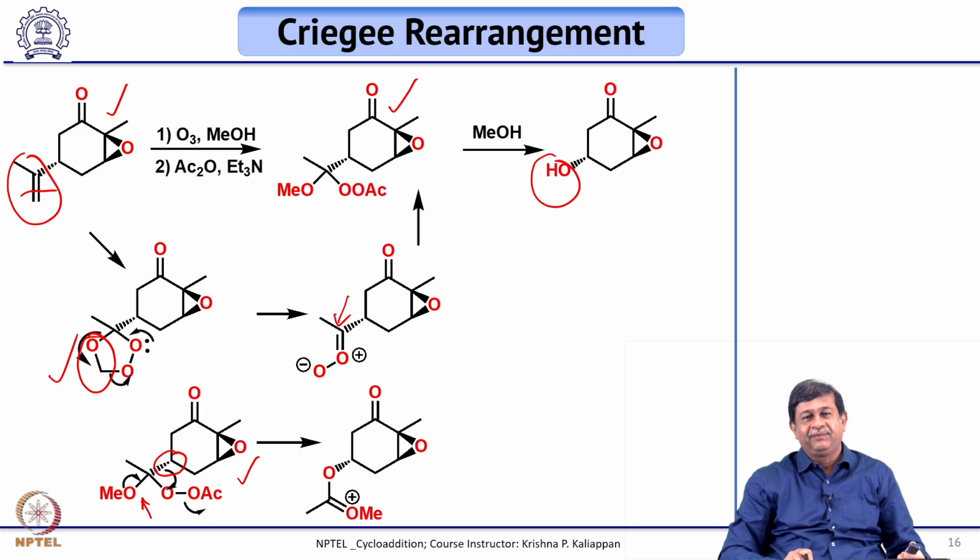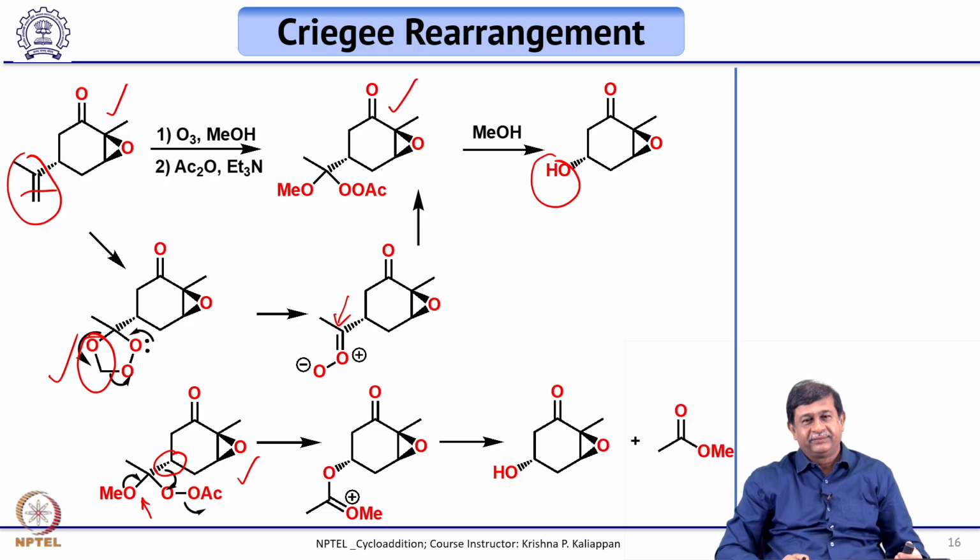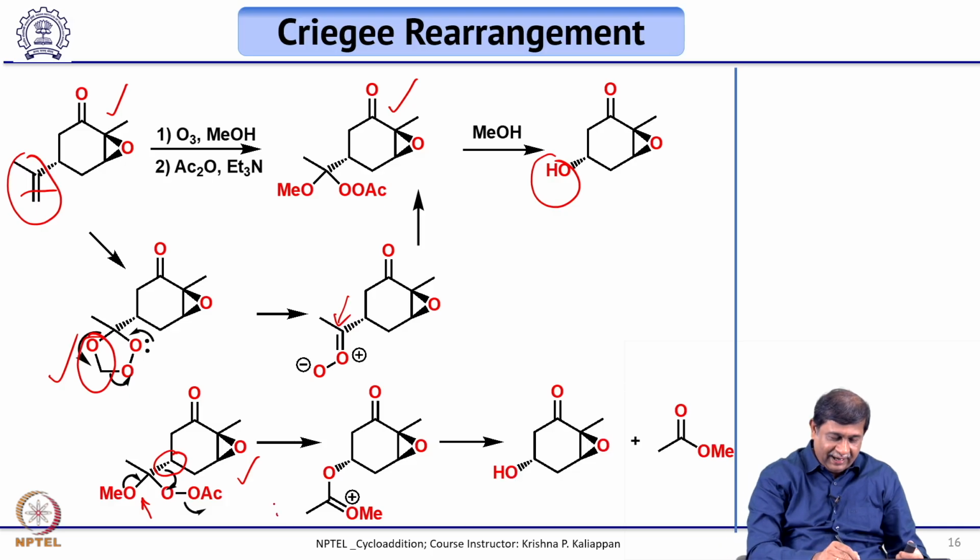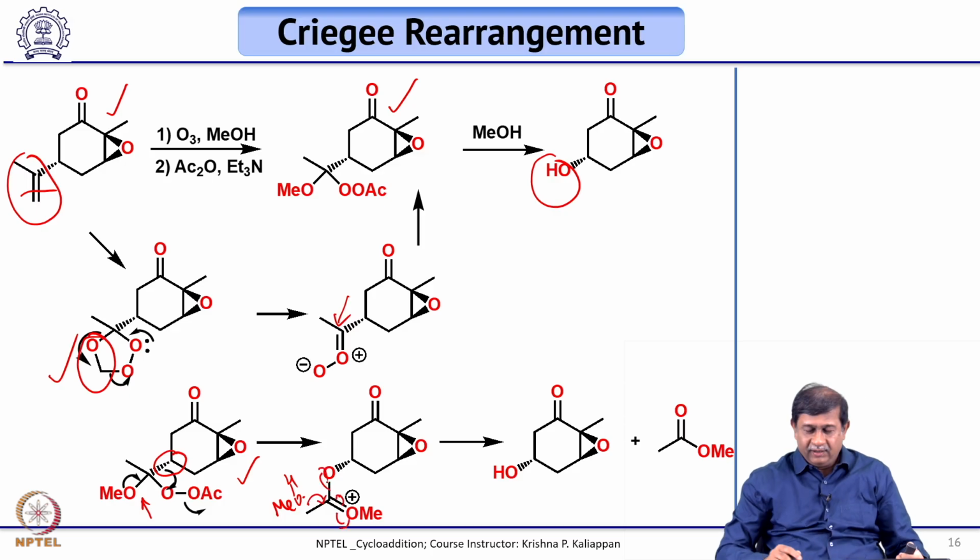Okay, that will give you this intermediate. Now, if you look at this intermediate, again addition of methanol, methanol will add here. You will get methyl acetate and the corresponding hydroxyl group.